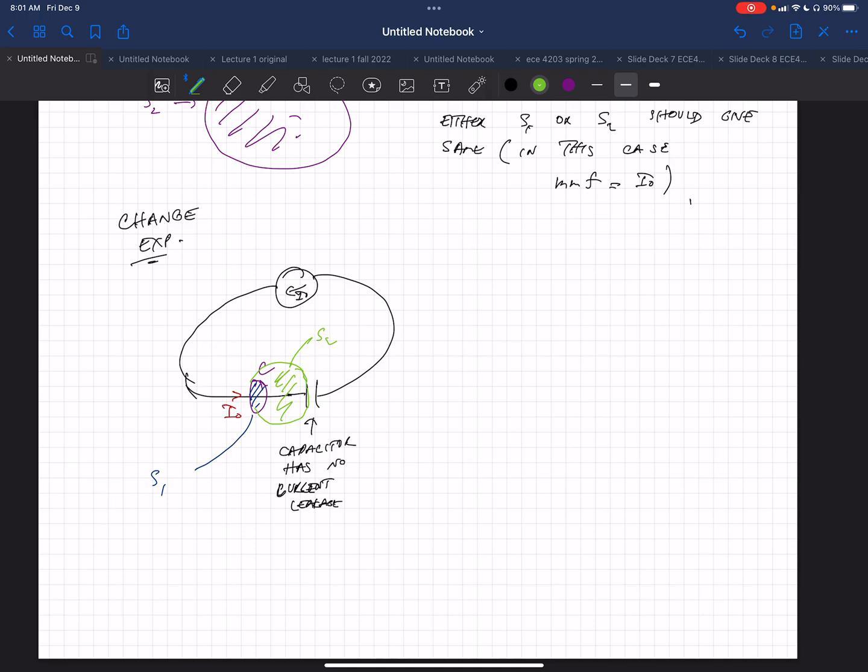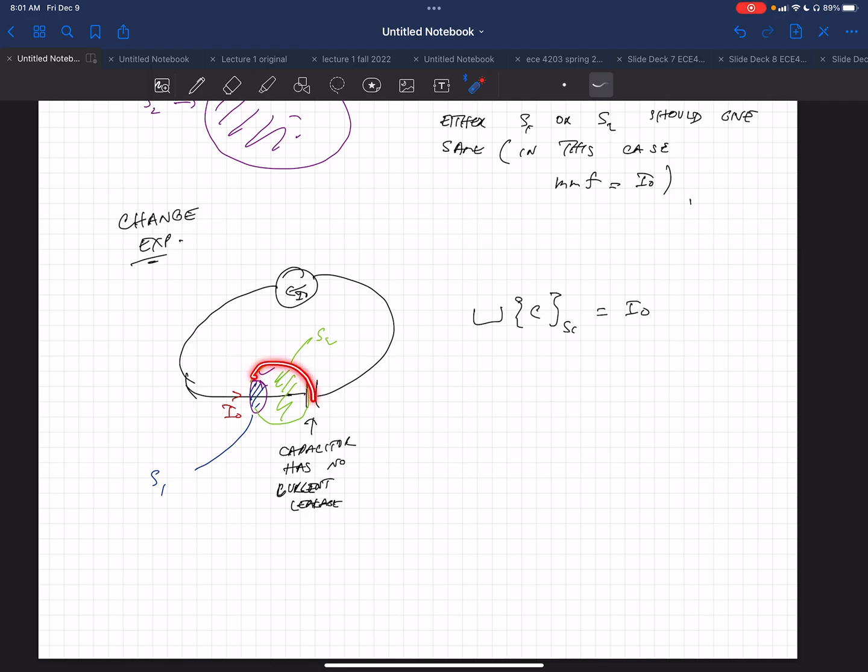This sort of shows us the problem with Ampere's law, because again, S1 and S2 should both give us the same value. The MMF around S1 still gives us I0, because it is still enclosing I0.